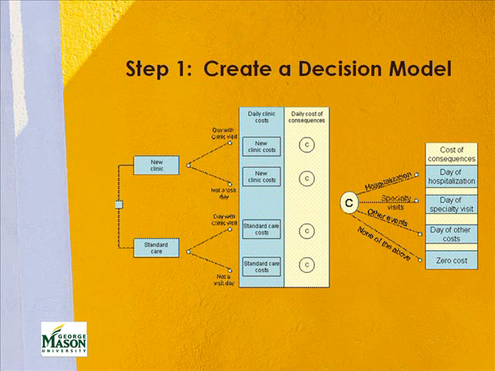Since unit cost is the same under each alternative, changes in these costs are unlikely to affect the analysis in significant ways. Therefore, we can use national estimates for these costs and not need to collect data to assess these costs within the organization. Decision analysis makes data collection easier and perhaps more accurate by reducing the number of estimates needed and using national estimates for components that do not change under various alternatives.